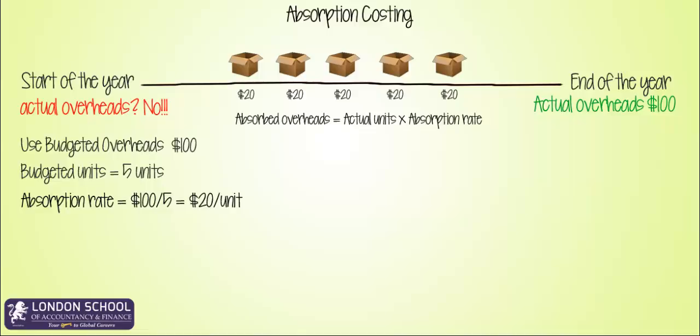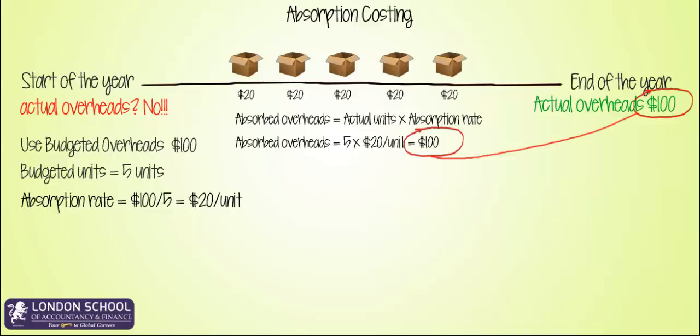The absorption rate was $20, so my overhead absorbed is 5 units times $20 per unit. That equals $100, which is exactly the same as my actual overhead at the end of the year. So in this case, there is no problem. My absorbed overheads are equal to my actual overheads, so there was no difference.